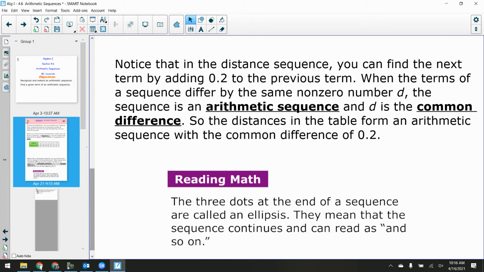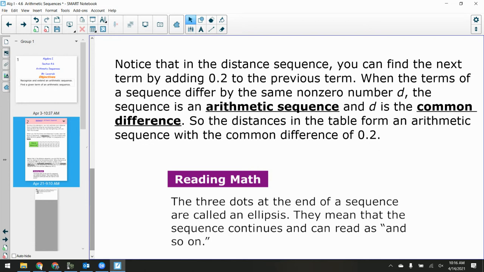This is what's called an arithmetic sequence. An arithmetic sequence is one that goes up by constantly adding the same value forever and ever. Adding, not multiplying. I could say subtracting, but remember that subtracting is just adding a negative. The constant difference is called our d value.